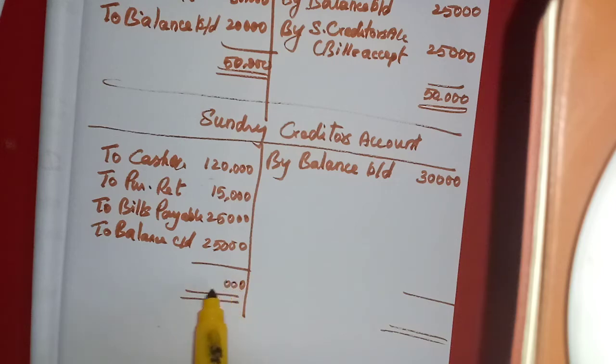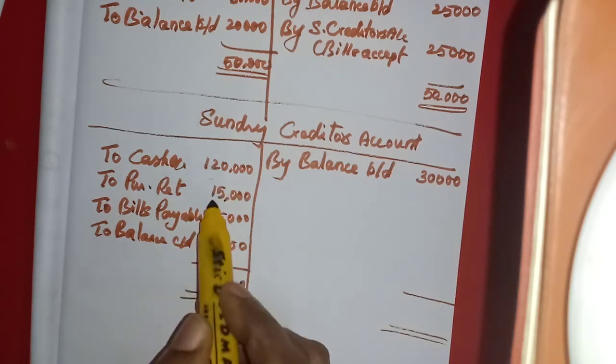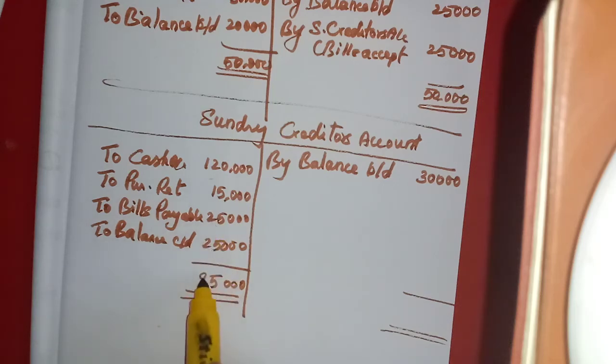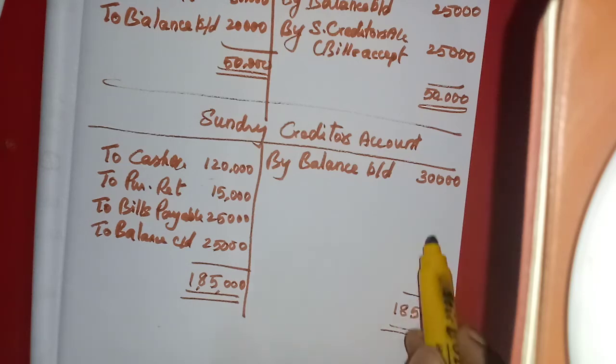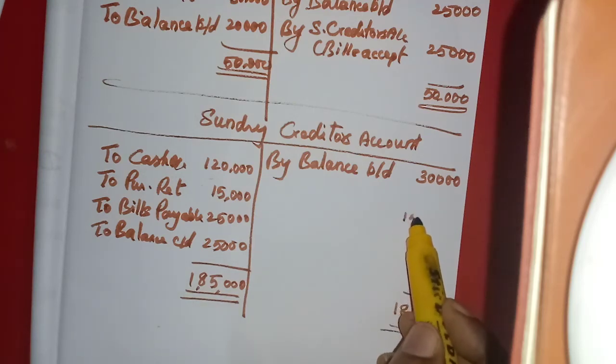Total 1,85,000. So 1,85,000 means here 1,55,000, isn't it?